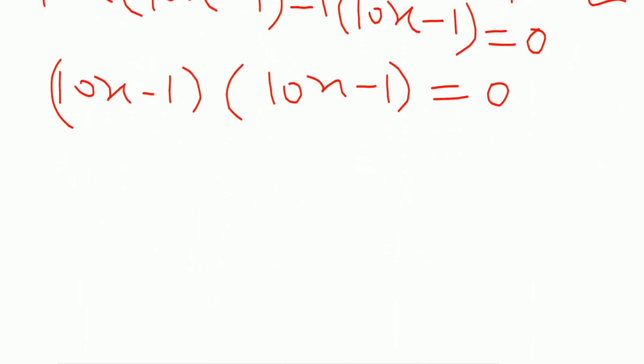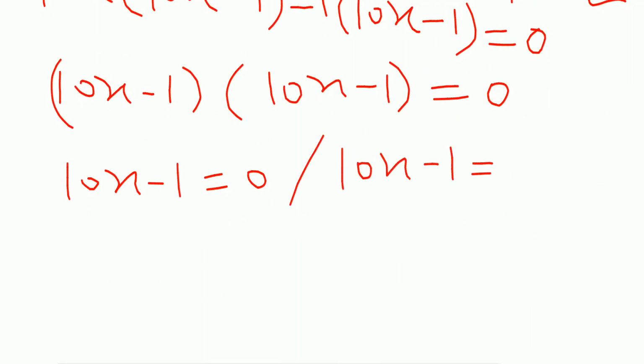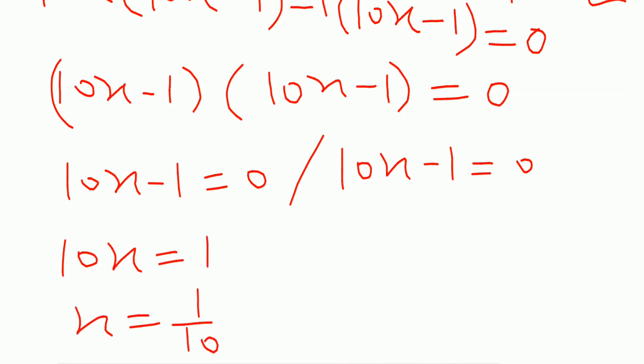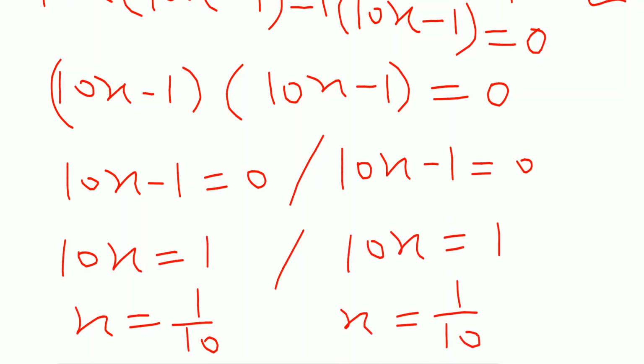See? So here 10x minus 1 which is equal to 0, and here also 10x minus 1 which is equal to 0. 10x equal to 1 and x is equal to 1 by 10 here. Same way here 10x which is equal to 1 and x which is equal to 1 by 10. So these are the roots of the given quadratic equation.